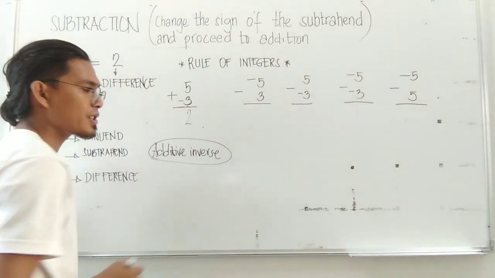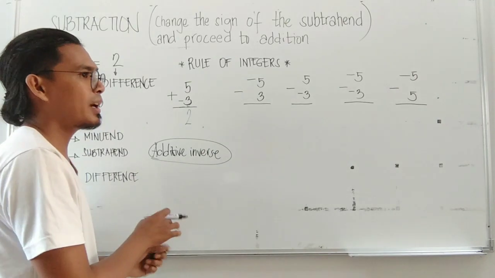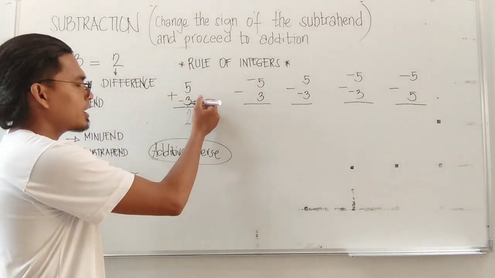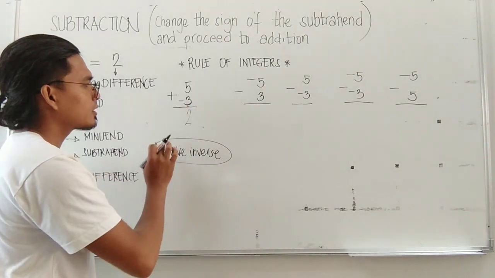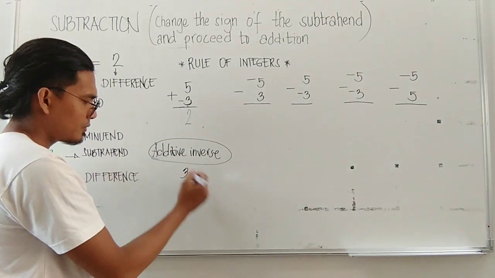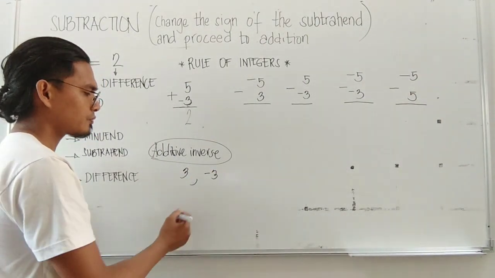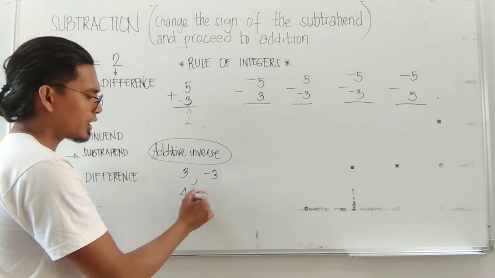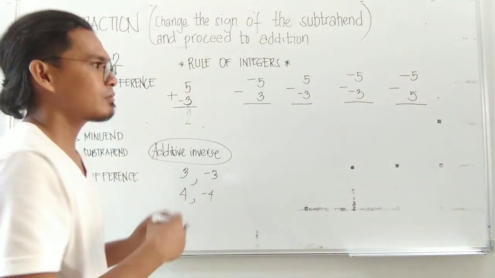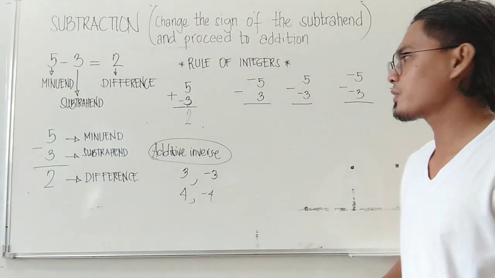The additive inverse is the opposite sign of a number. So positive 3 becomes negative 3. The additive inverse of positive 3 is negative 3, and the additive inverse of 4 is, of course, negative 4. But it is more basic to just say change the sign of the subtrahend.